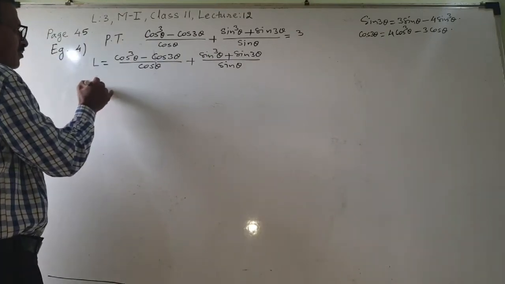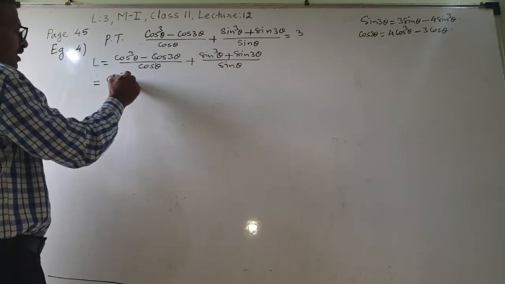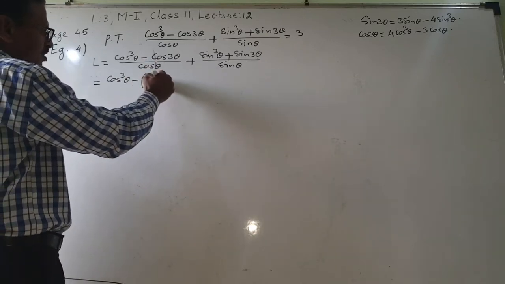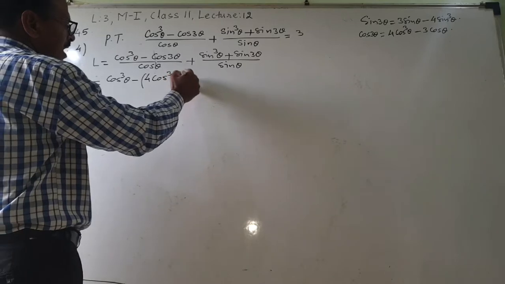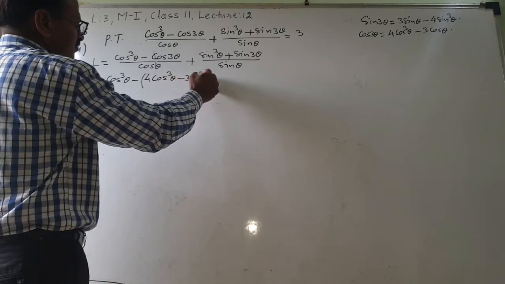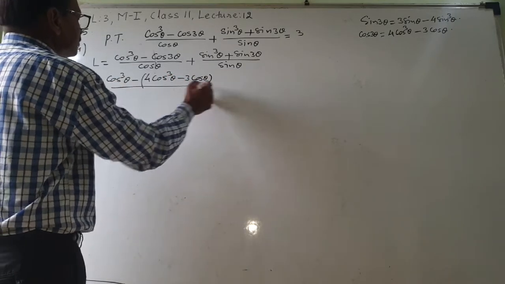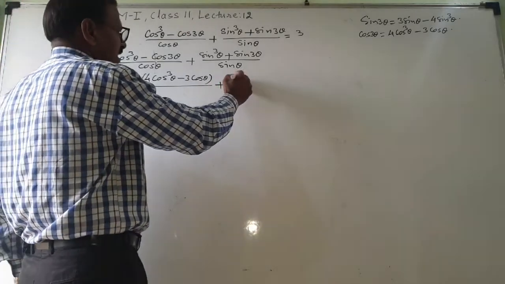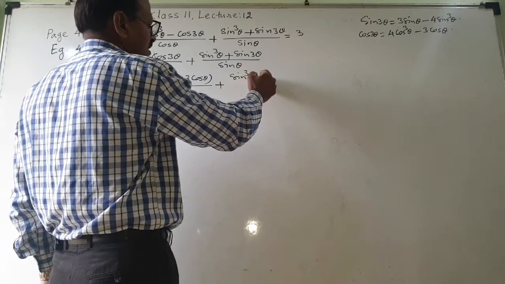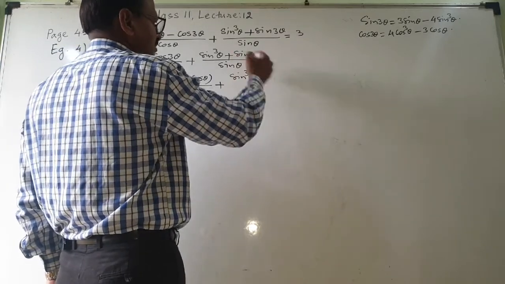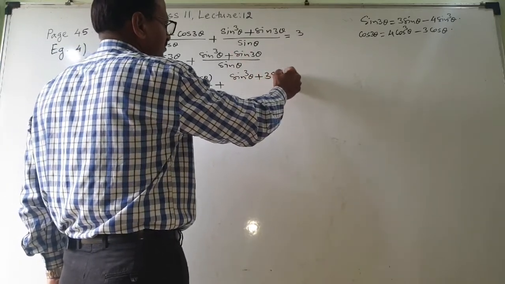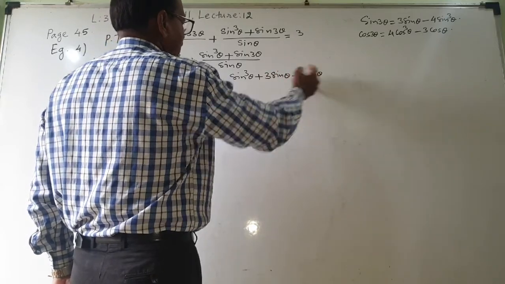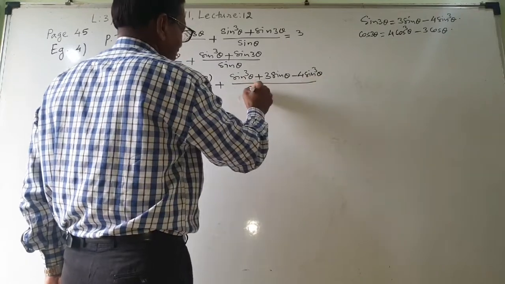That is equal to (cos cube theta minus (4 cos cube theta minus 3 cos theta)) upon cos theta plus (sin cube theta plus 3 sin theta minus 4 sin cube theta) upon sin theta.